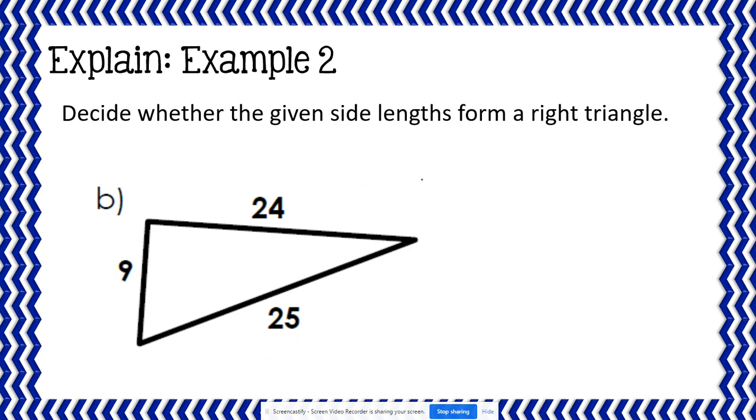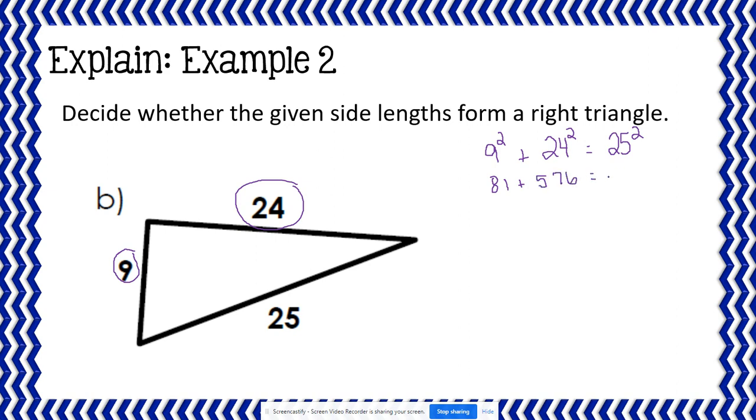For B, we want to know if these would form a right triangle. We would assume that 9 and 24 were the legs. So we would do 9 squared plus 24 squared equals 25 squared. Well, 9 squared is 81. 24 squared is 576.